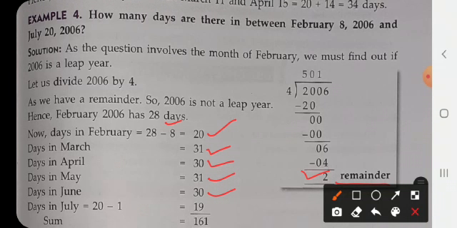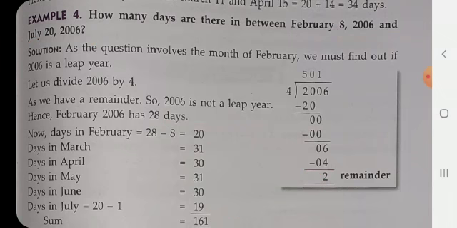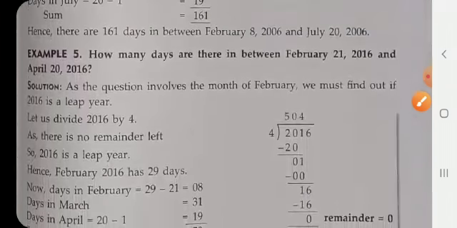The total is 161 days from February 8, 2006 to July 20, 2006. There are 161 days. So this is how we can calculate.